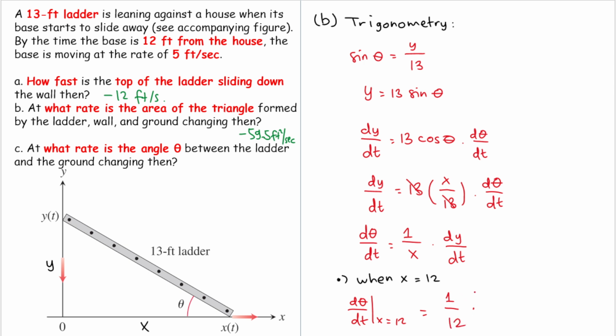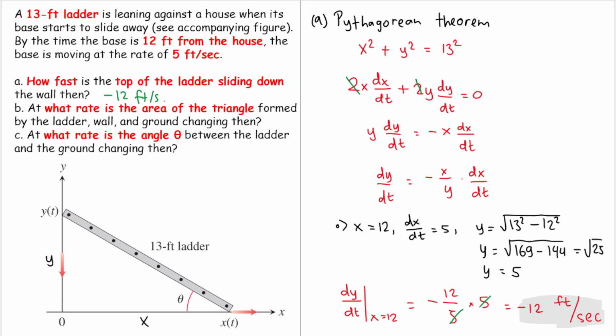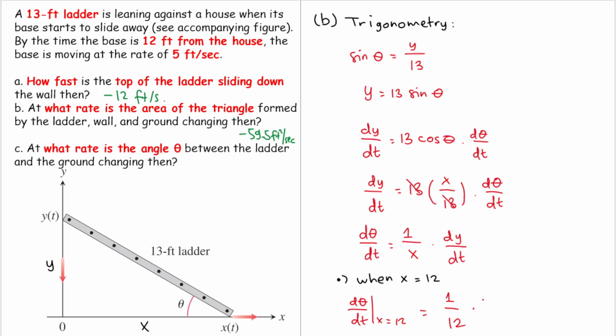And then what is dy/dt? We already calculated that here, so we'll have minus 12. What a nice number. So let's cancel this out. So we will have minus 1.